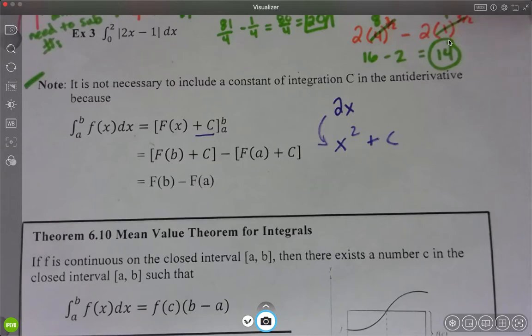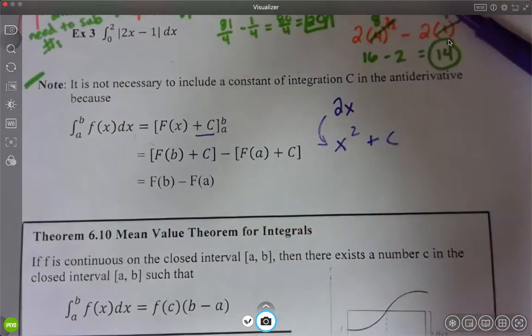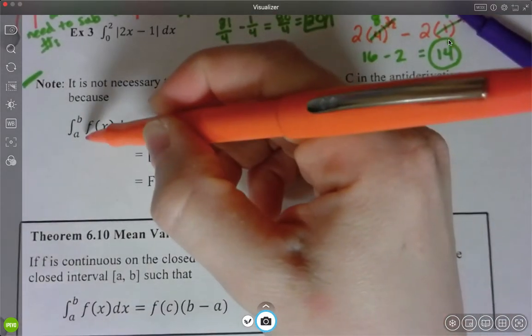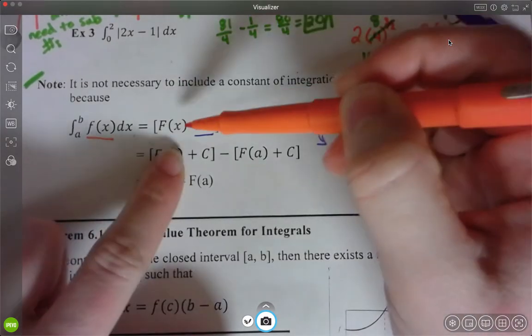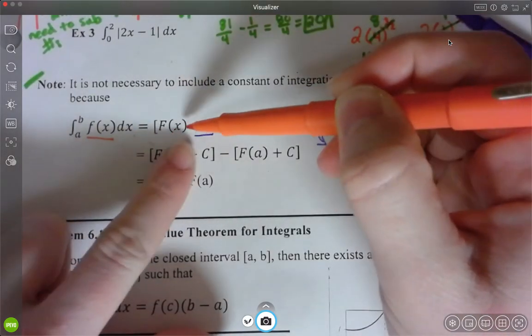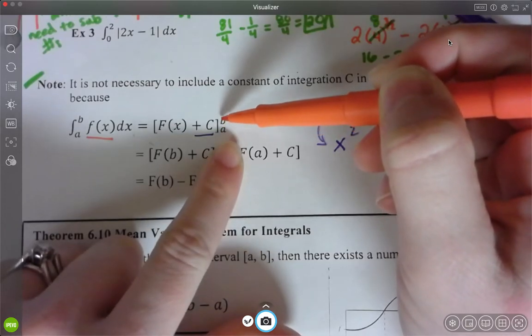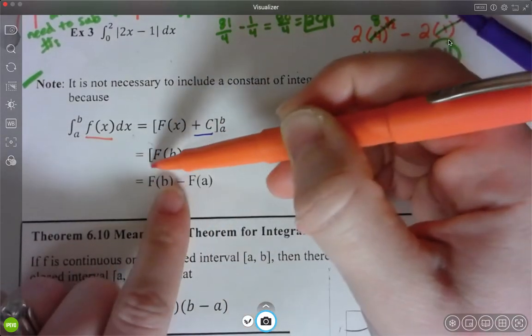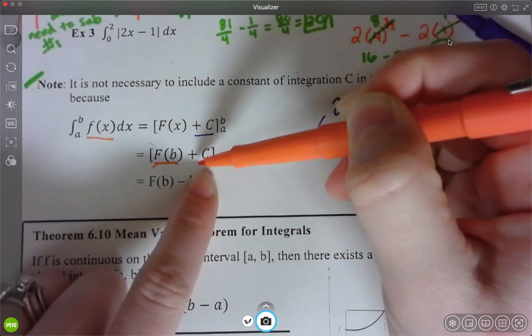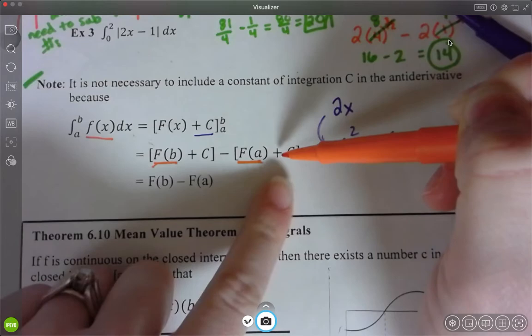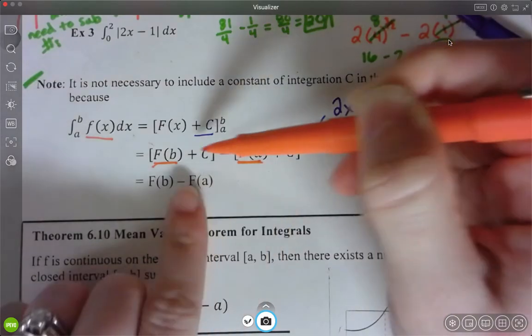Well, really the c still exists there. When you are taking the antiderivative of f of x, it is the antiderivative plus c, and then you would plug in your numbers b and a. When you plug b in, b is going to get plugged into the function, and then you still have plus c on the end here. And then you plug a into the function, and you have another plus c there. And that constant should be the same number.